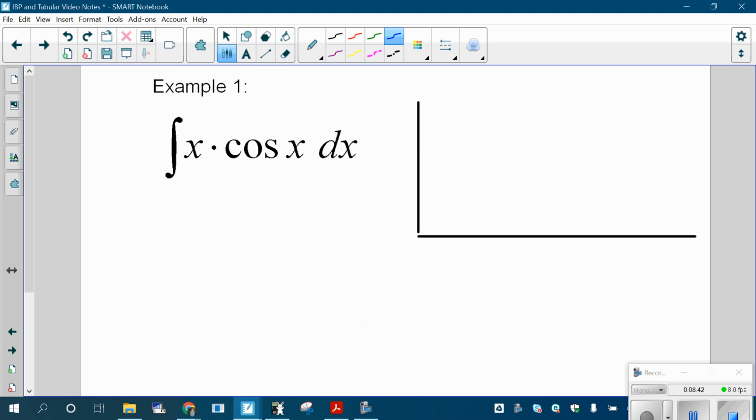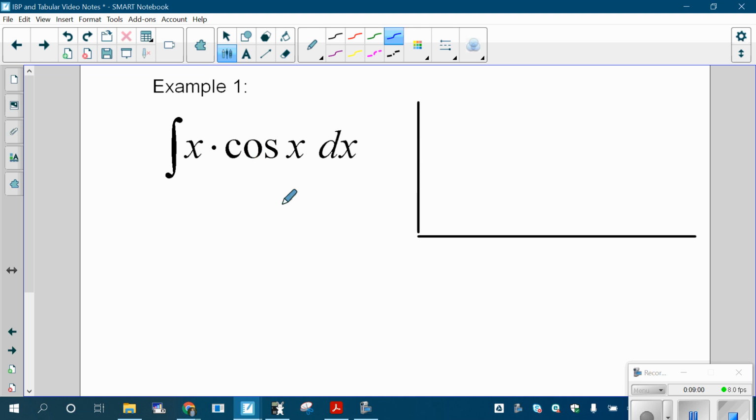Here's how this is going to work. First of all, let's just talk about the integral. I'm trying to do the integral of a product, x times cosine of x. It's a product.